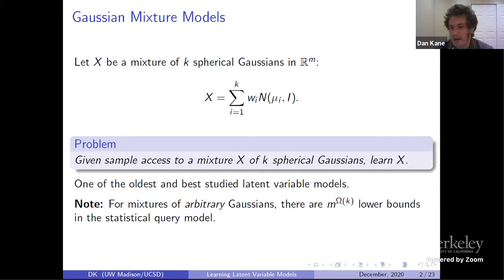And it might be slightly more natural to look at mixtures of arbitrary Gaussians rather than just spherical ones that we are considering here. For the case of arbitrary Gaussians, there are m^k lower bounds, at least in the statistical query model, which suggests that it's hard to find good algorithms there. And so hopefully in this model, we'll be able to find algorithms that are somewhat better than that.